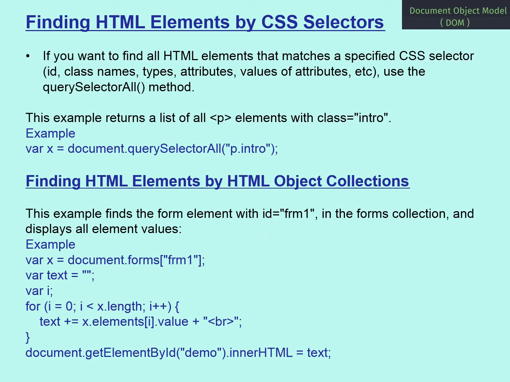So in the previous examples we saw getElementsByTagName and getElementsByClassName. Now we can see some more methods.